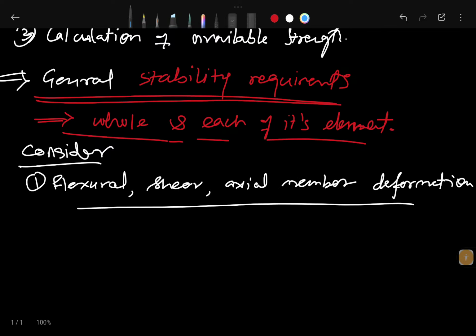Then all the components and connection deformations that contribute to the displacement of the structure.